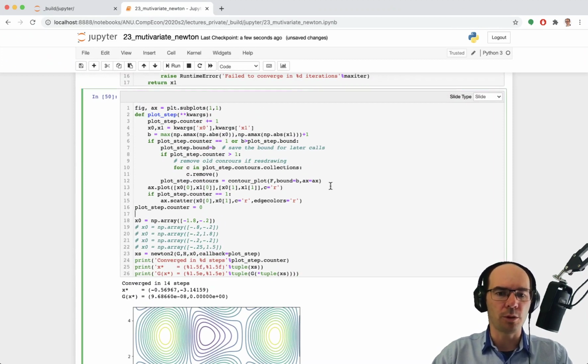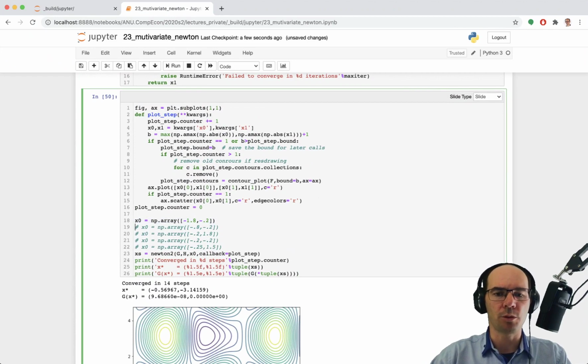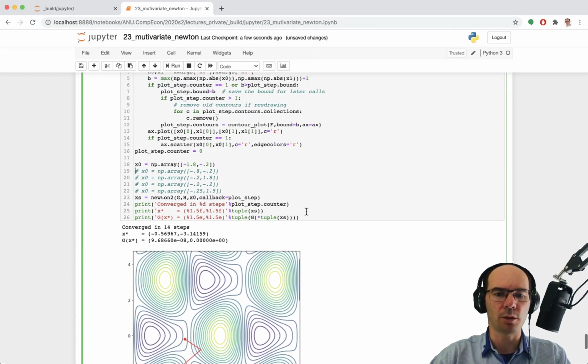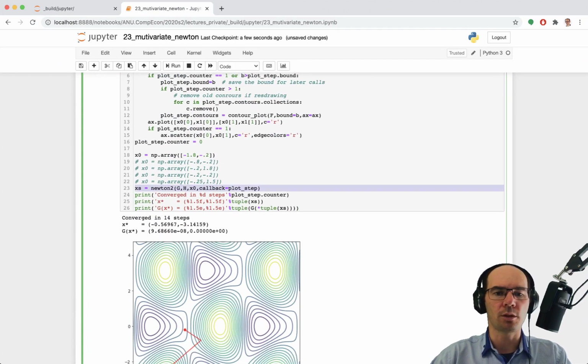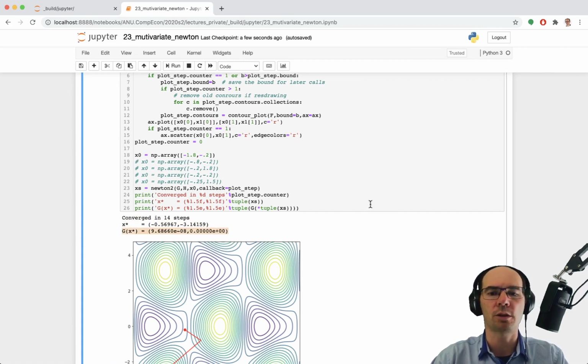So here's my plotting function, and I'm initializing at the point minus 1.8, minus 0.2, and then I'm running the two-dimensional Newton, reporting whether it converged and how many steps and what's the found optimal point. Now the g of x star should be 0, right? The g function is the one that we are solving as an equation.